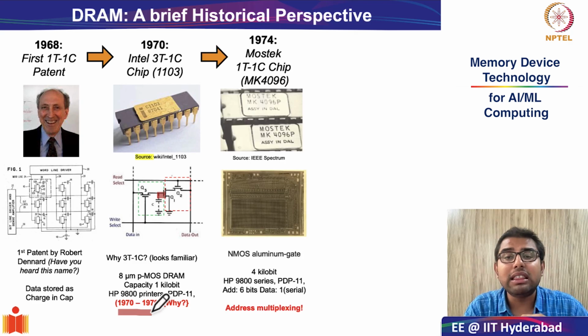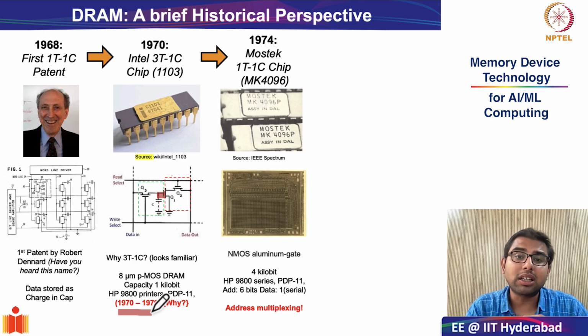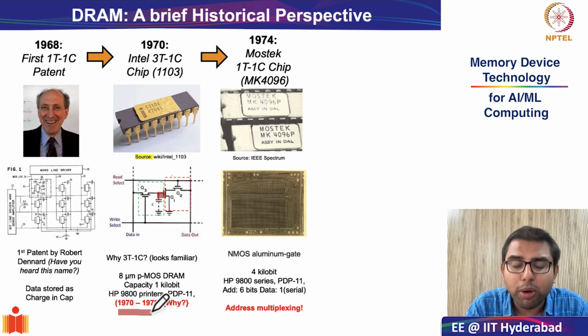What we studied in the previous slide is that you have a very severe constraint on the size that a DRAM cell can occupy. You need to have it as small as possible so that memory density can be very high.